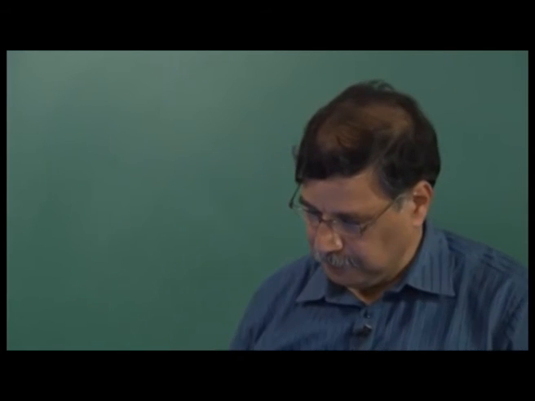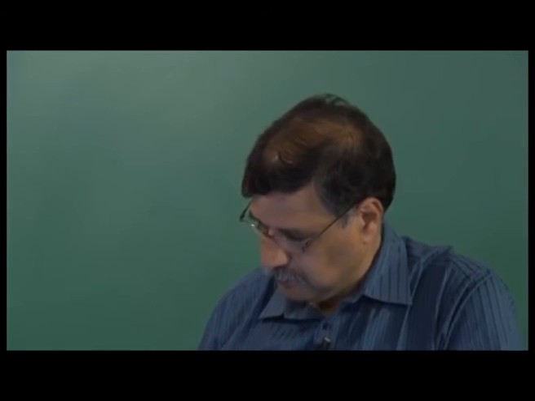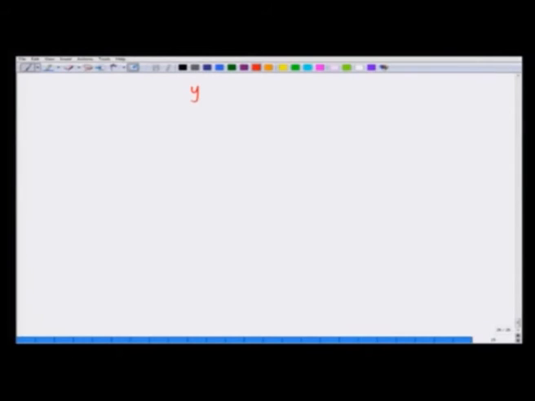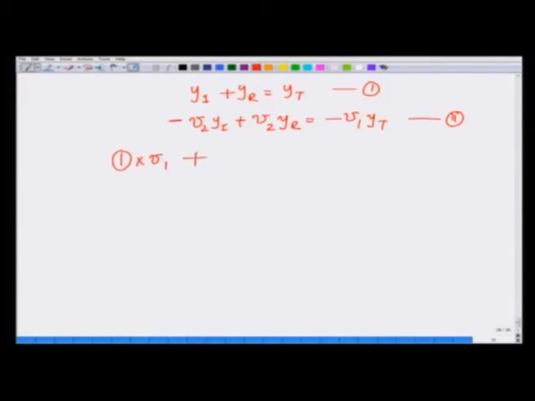So, let me rewrite the equations on the next slide. I have y incident plus y reflected is equal to y transmitted, equation 1, minus v2 y incident plus v2 y reflected is equal to minus v1 y transmitted, equation 2. Multiply equation 1 by v1 and add to equation 2.